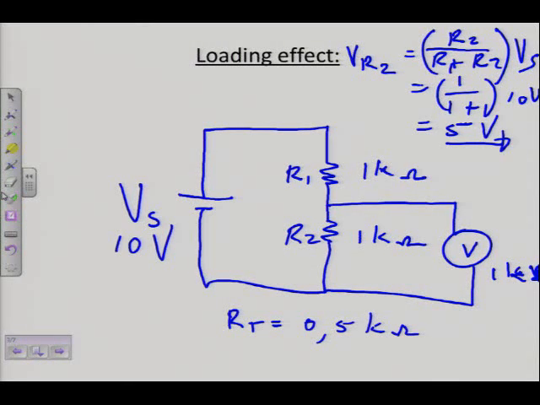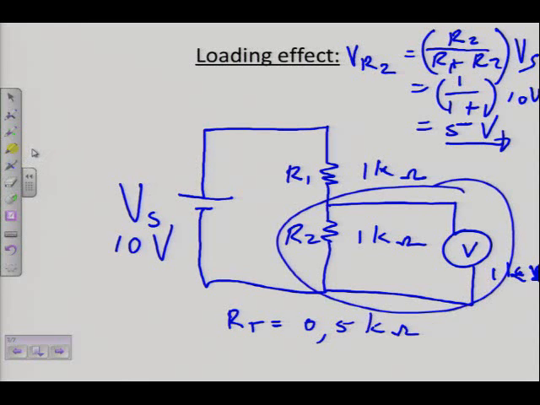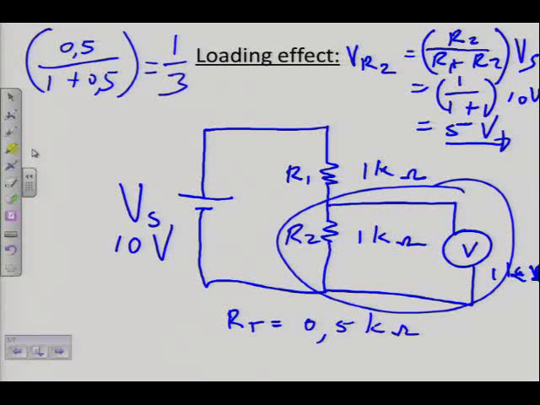Alright, so now if that total resistance of that section is 0.5, how is that going to influence my voltage reading? Remember I had 1 over 1 plus 1. Now R2 is actually 0.5 over 1 plus 0.5, and that is equal to 1 over 3, isn't it? 1 over 3 times 10 volts is going to give me what?